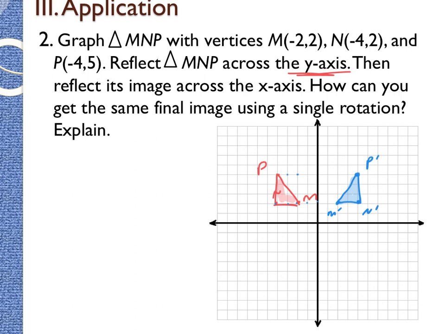Okay, then we're going to reflect it across X. So we're going to take it here and we're going to reflect it across X. So let's do this one in green. So N, I'm going to go back 2, 2. So there's N double prime. P, 1, 2, 3, 4, 5. 1, 2, 3, 4. Okay, there's our P double prime.